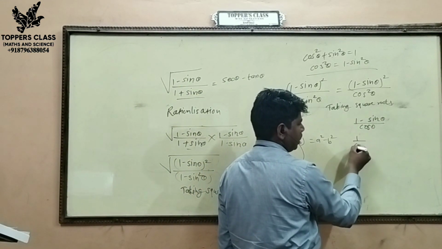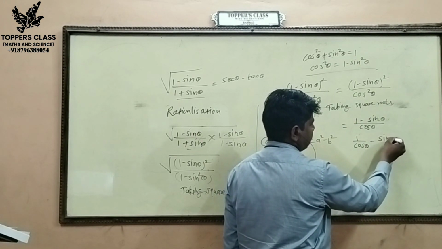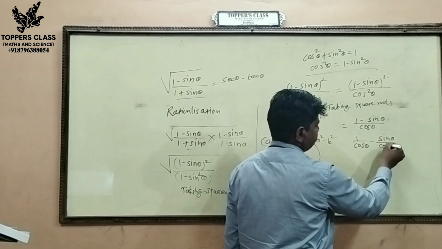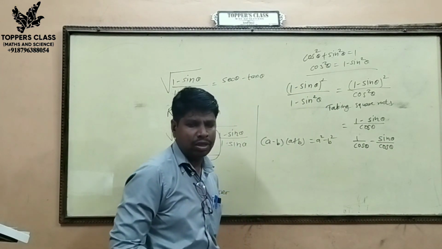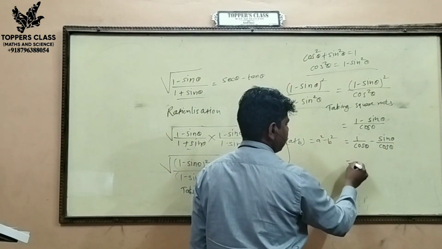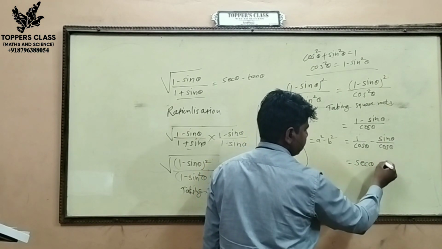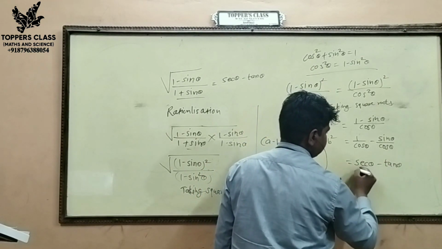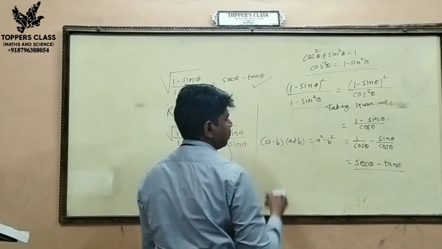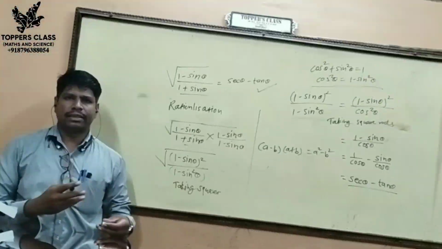Then we will write it separately: 1 upon cos theta minus sin theta upon cos theta. Now 1 upon cos theta we know it, what is it? Sec theta, minus this will be your tan theta, and this is only your RHS. Understood? So you get LHS is equal to RHS.